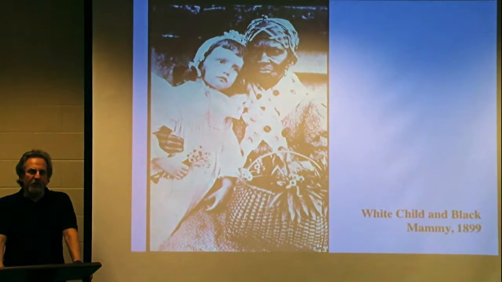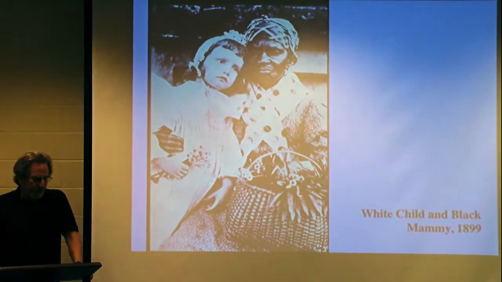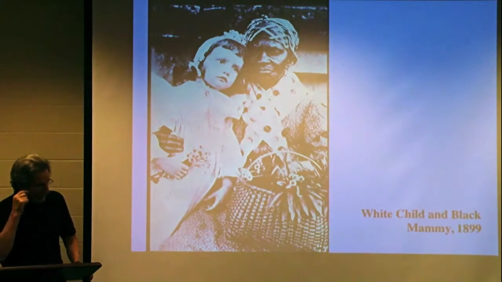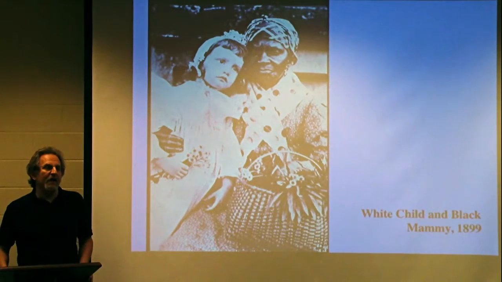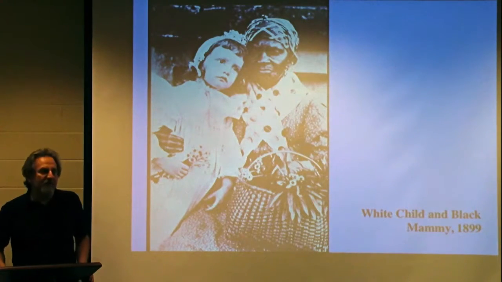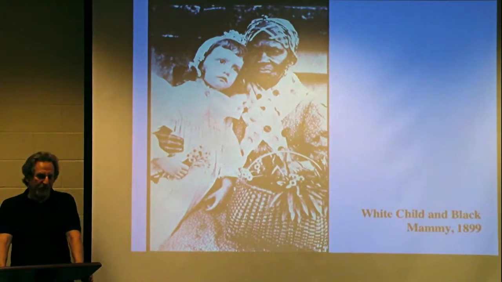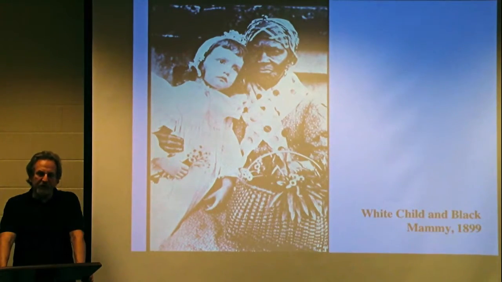Perhaps you've heard the term wet nurse. If you haven't, a wet nurse is a female who has recently given birth to a child and who therefore has milk in her breasts.